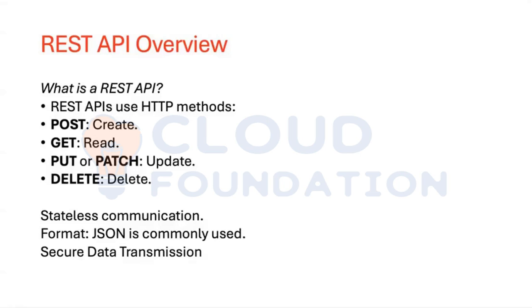That means you are sending some data. Post means create operation. Whenever we are creating something, or sending some data to the server from our end, that will be a post operation, the post method.